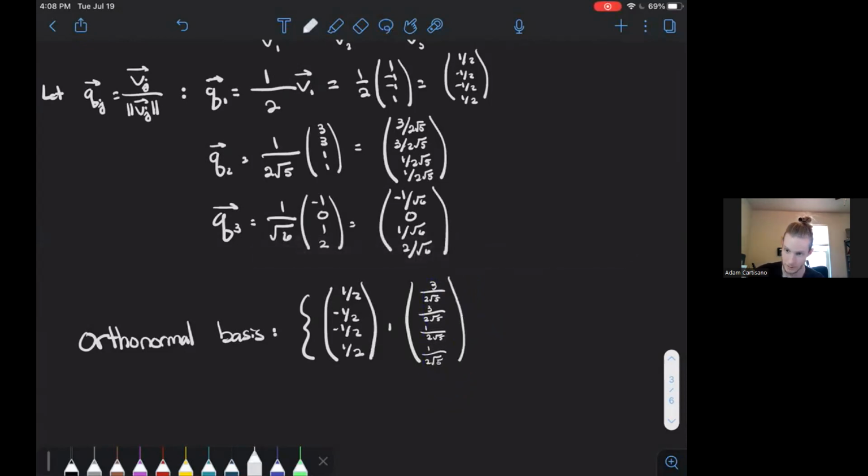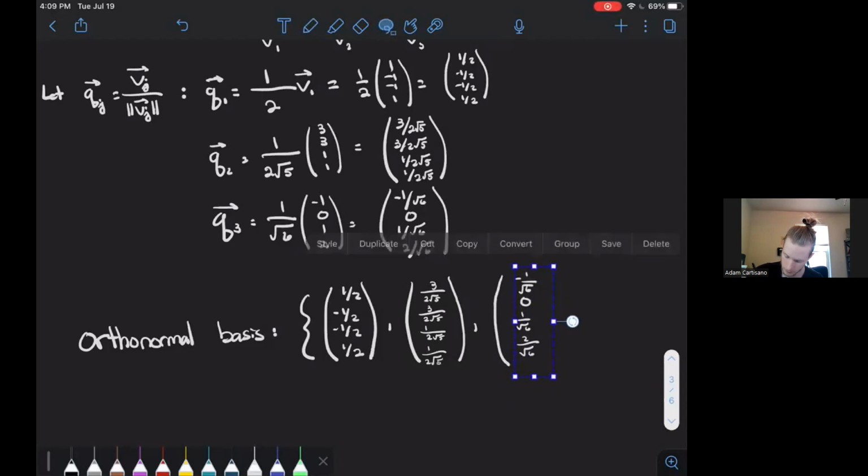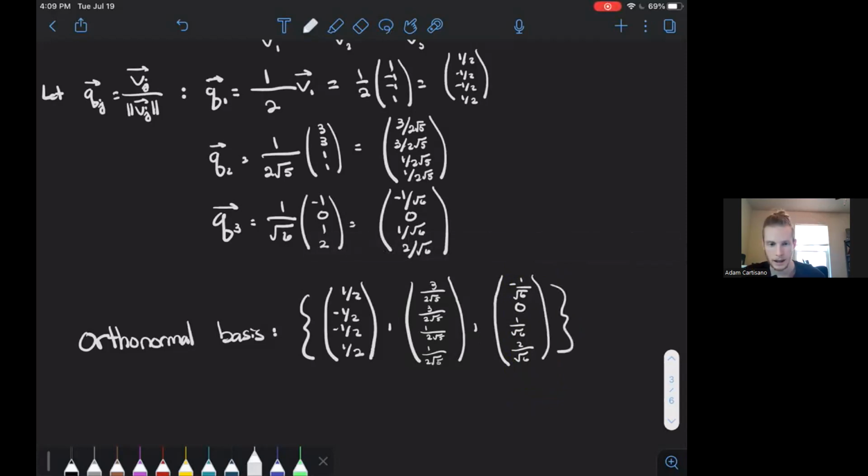Wish you could do that on the exam. And then negative 1 over root 6, 0, 1 over root 6, 2 over root 6. Still need to scale it down a little bit. Okay, this is our orthonormal basis. We will come back to this in a moment. We're not done.